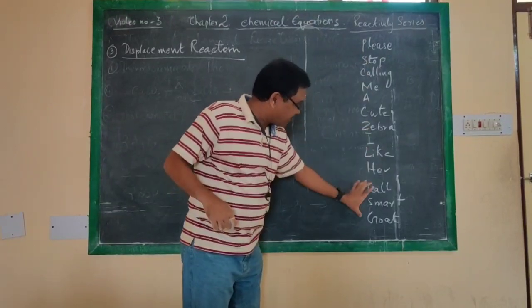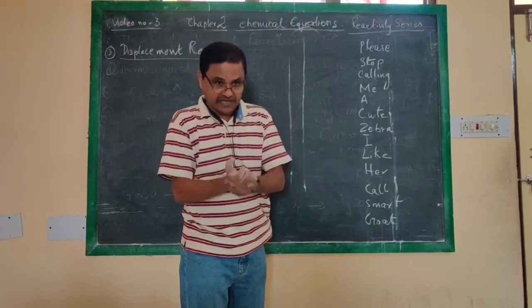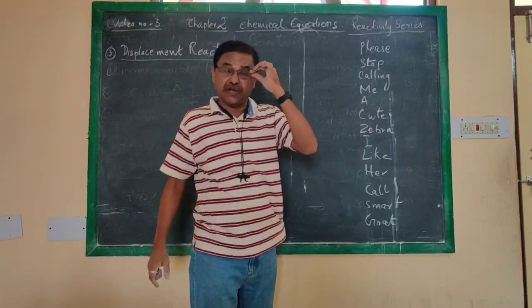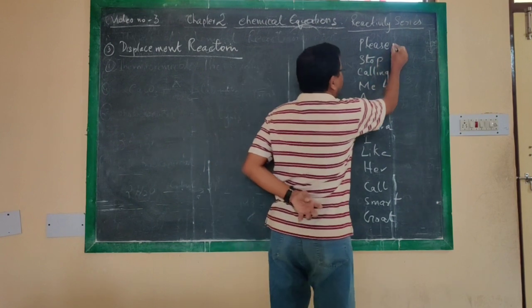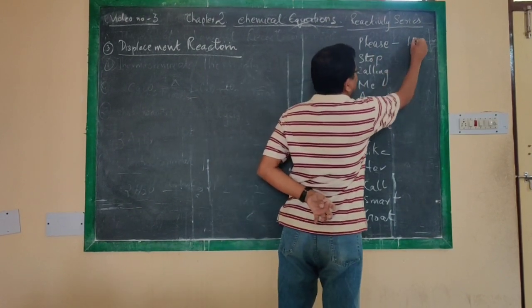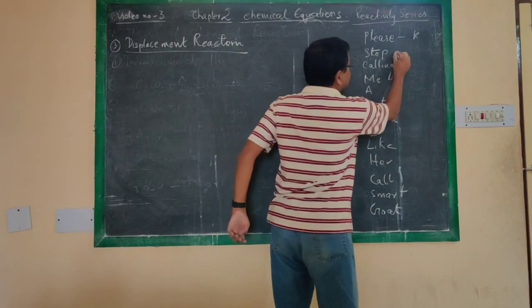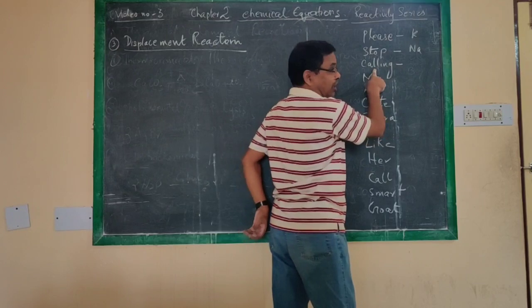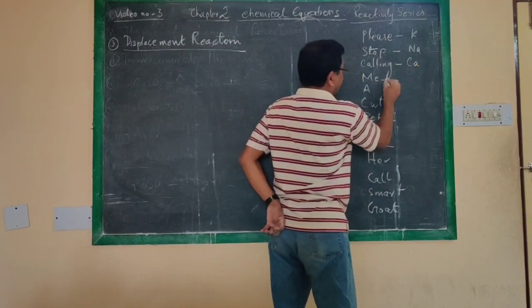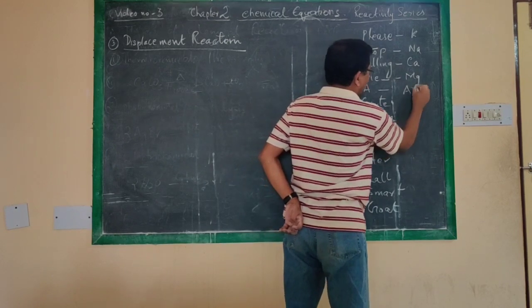Now the purpose of what I have written is to make you clearly understand the reactivity series, which is very, very important in chemistry to make a chemical reaction or chemical equation. Please, P represents potassium, K. Stop, sodium. Calling, calcium. Me, magnesium. A, aluminium.